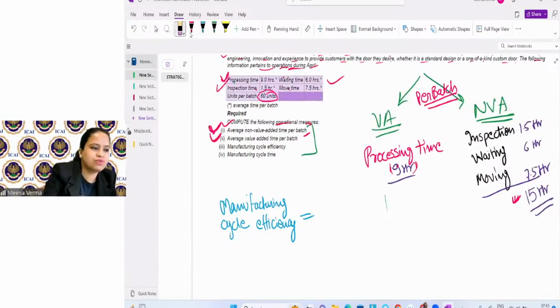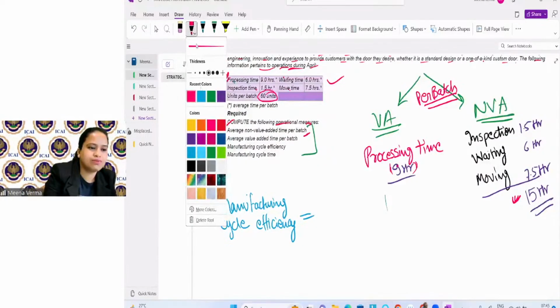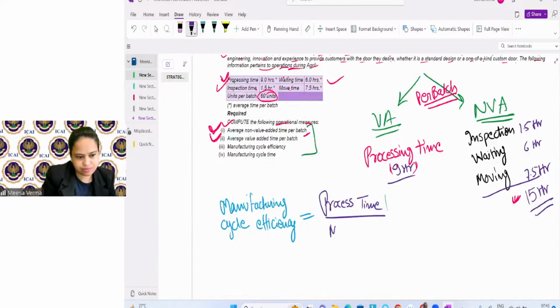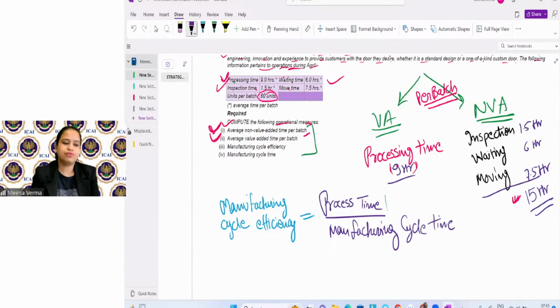So the formula is process time divided by manufacturing cycle time. Right. So this will give you manufacturing cycle efficiency.